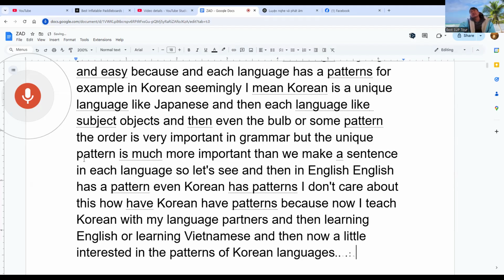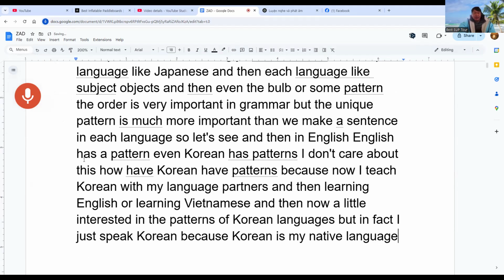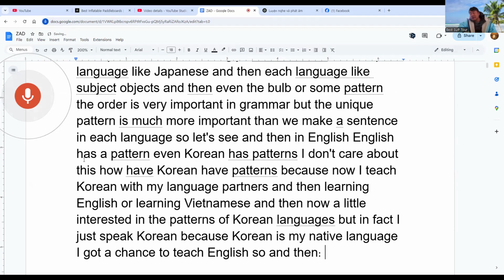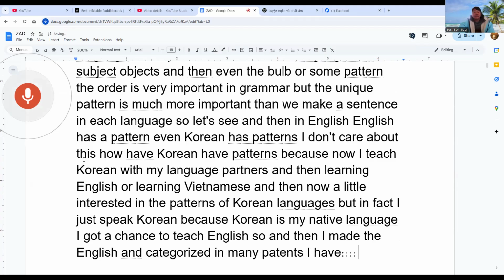But in fact, I just speak Korean without thinking about patterns because Korean is my native language. But in English, when I studied and got a chance to teach English, I categorized English into many patterns. I have 45 patterns in English.